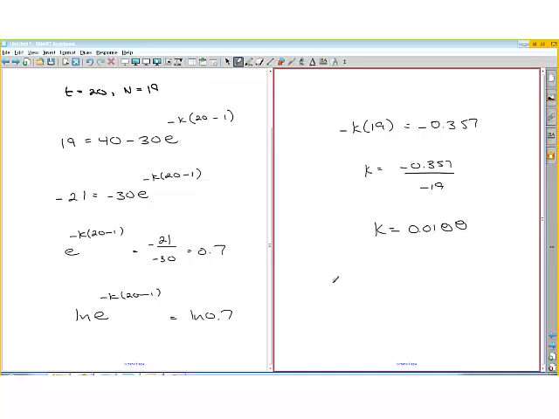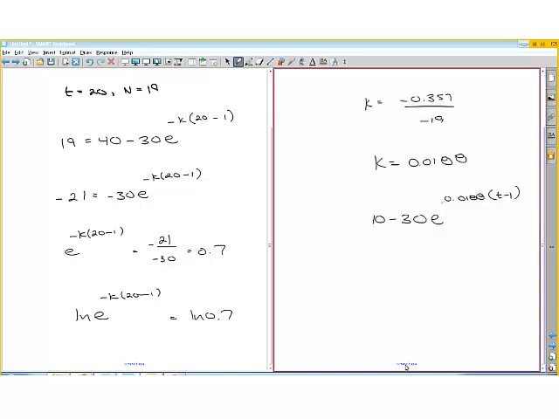So what we get for the almost final answer is that n is equal to 40 minus 30 e to the minus k, which is 0.0188, times t minus 1.